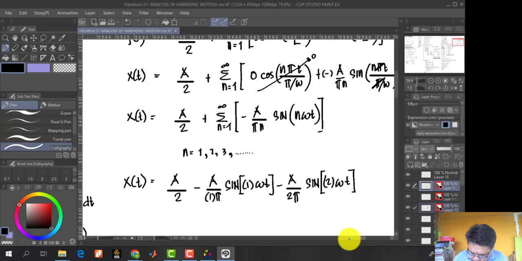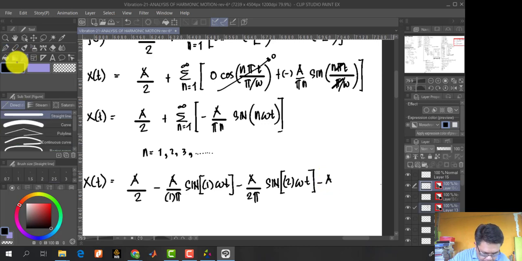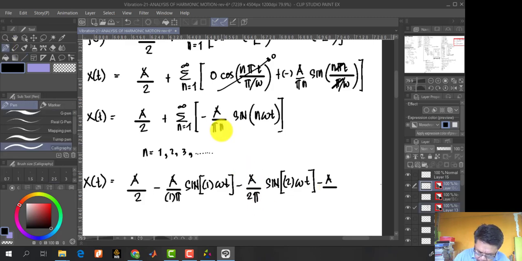Okay, so that is for the second term. Then we have next your a, amplitude, all over. So yung n mo is 3, so that will be 3 pi. Then, times the sine, and close bracket, it will be 3 times the angular velocity times time. Yeah. So that will be our equation.